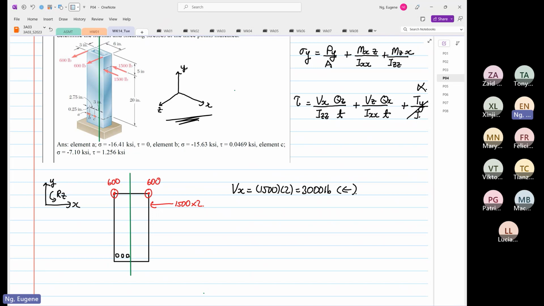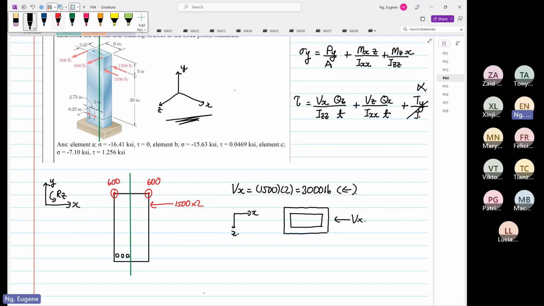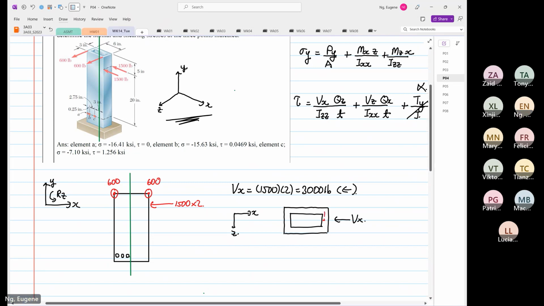So if we view this in the cross-section view, X and Z, sorry, this is Z, not Y. We know that we have Vx coming down. So if we were to draw the shear flow, it's going to go this way.